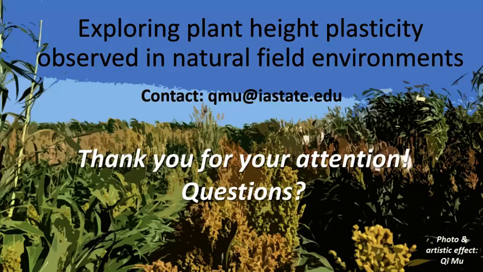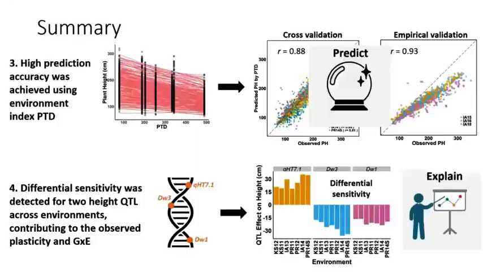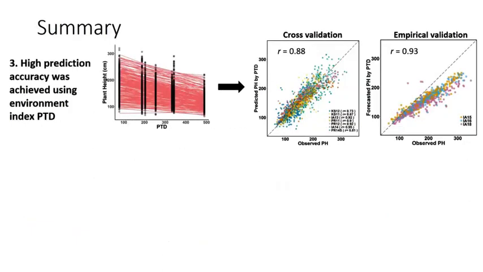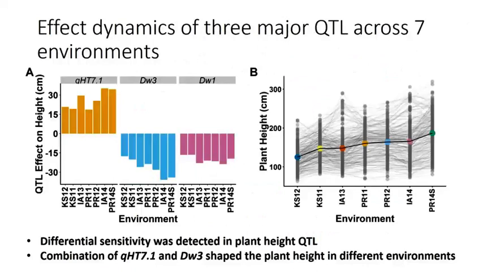Yes, Aaron. So to go back to your discussion of the different types of patterns in the differential sensitivity model, those patterns are all predicated on comparisons of two environments at a time.